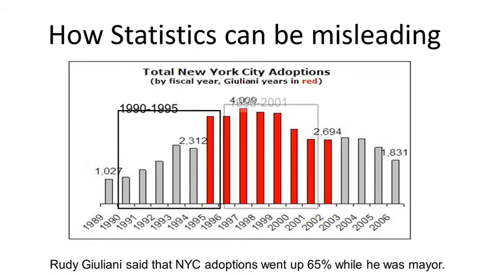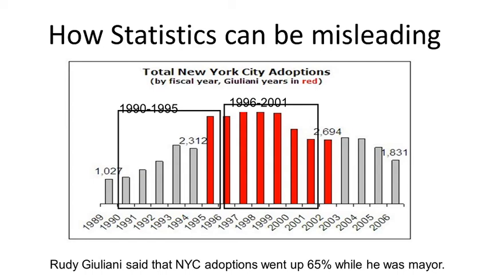So what we're comparing in Rudy Giuliani's graph that we just saw is not at all what you thought it was. You thought you were looking at the beginning of Giuliani's term compared to the end of Giuliani's term, when in reality, we're looking at before he was the mayor compared to the middle of his mayor run.